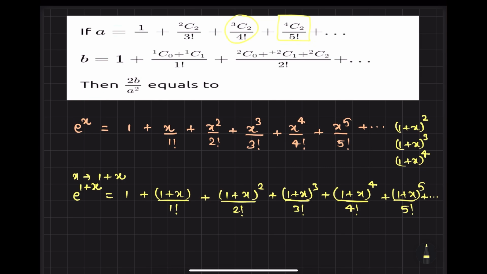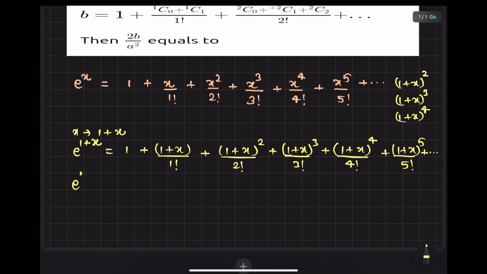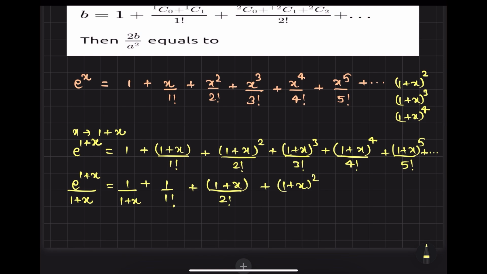Can I divide both sides by 1 plus x? So we will have e power 1 plus x by 1 plus x, 1 by 1 plus x plus 1 by 1 factorial, 1 plus x by 2 factorial, 1 plus x square by 3 factorial, 1 plus x power 3 by 4 factorial, 1 plus x power 4 by 5 factorial, and done.